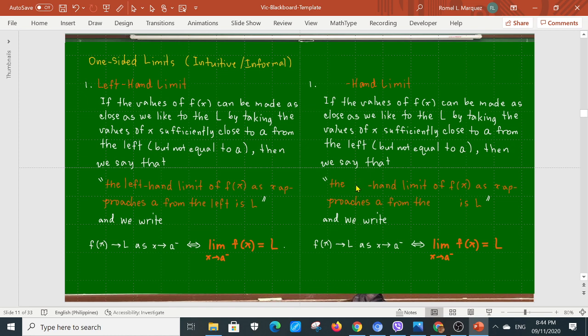No more left. So we now have from the right.